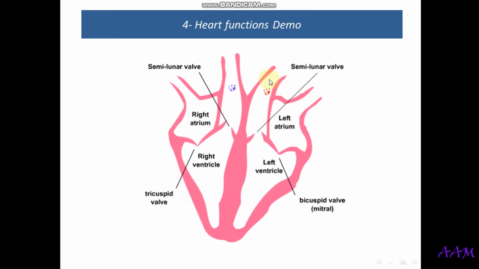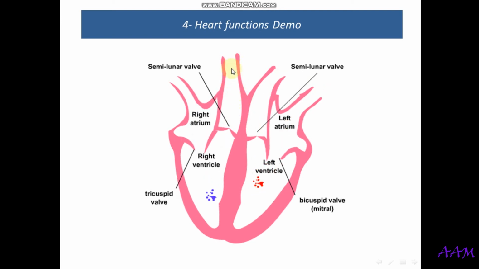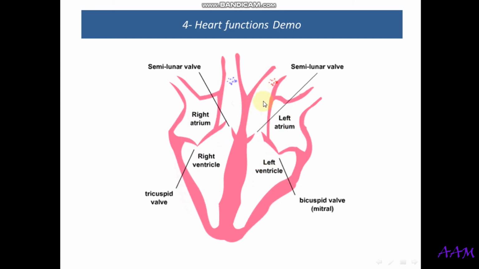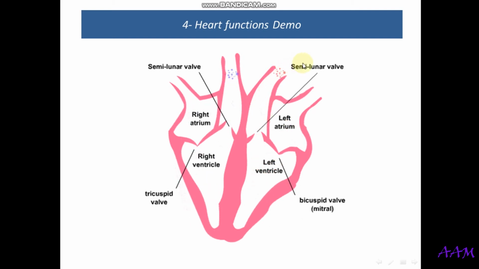These two are arteries, by the way, this one and this one. This one is an artery which takes deoxygenated blood to the lungs to get oxygenated, and this one is the main artery, a very strong artery, as I told you, because the pressure here is the highest. It takes the oxygenated blood to the rest of the body.